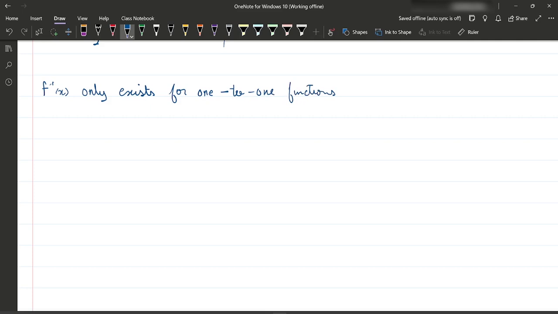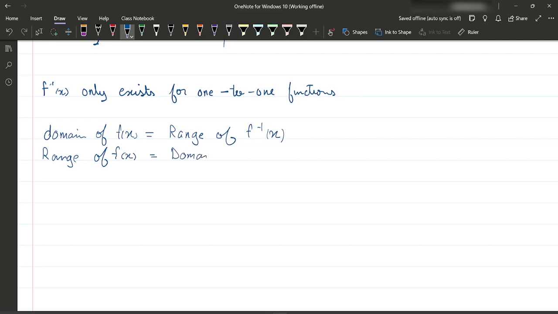Another thing: the domain of f of x is equal to the range of f inverse of x, and the range of f of x is equal to the domain of f inverse of x, because they're interchangeable.